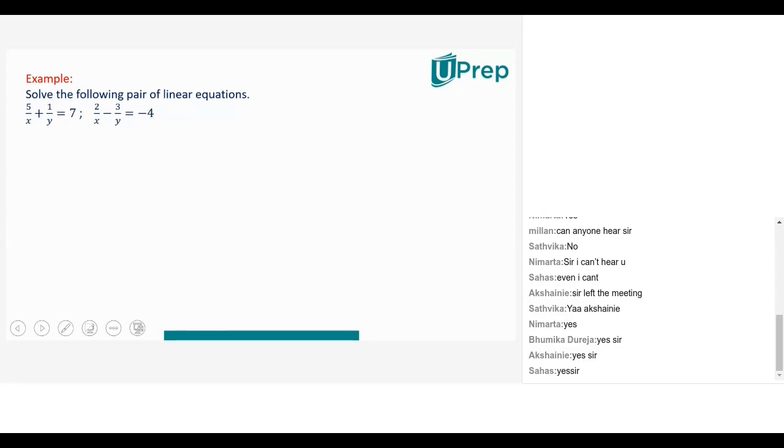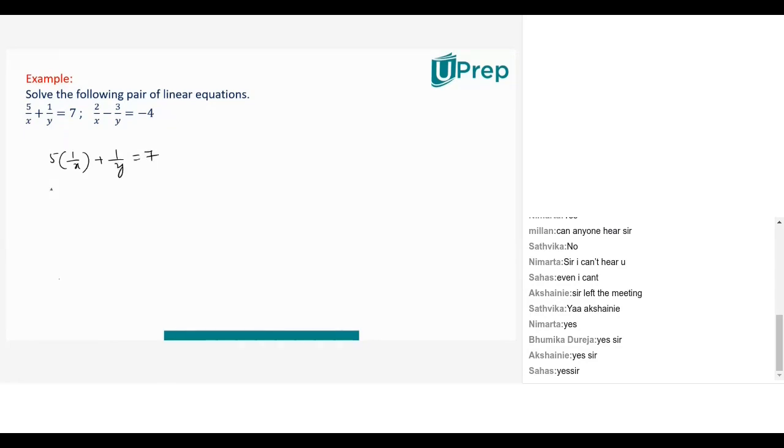Very simple. Observe. The first equation given is 5 by x plus 1 by y equal to 7. Can I write this as 5 into 1 by x plus 1 by y equal to 7?